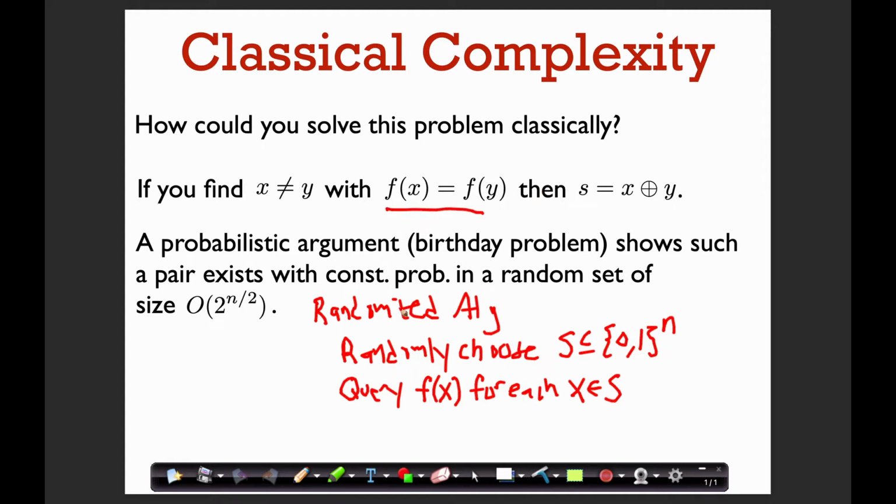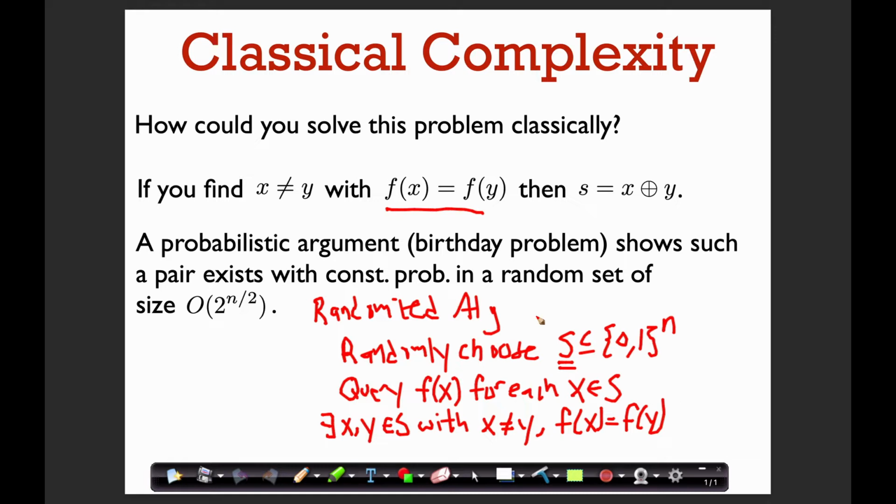To evaluate this algorithm, the question becomes: how large a set S do we need to choose such that with reasonable probability, there exist some x and y in S with x not equal to y, and f of x equals f of y.